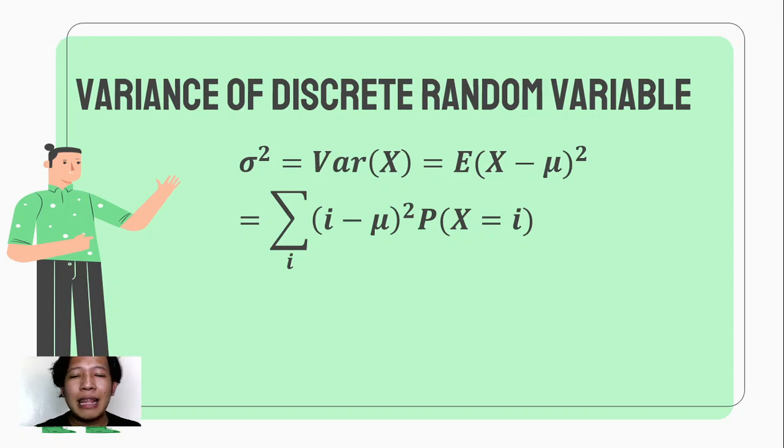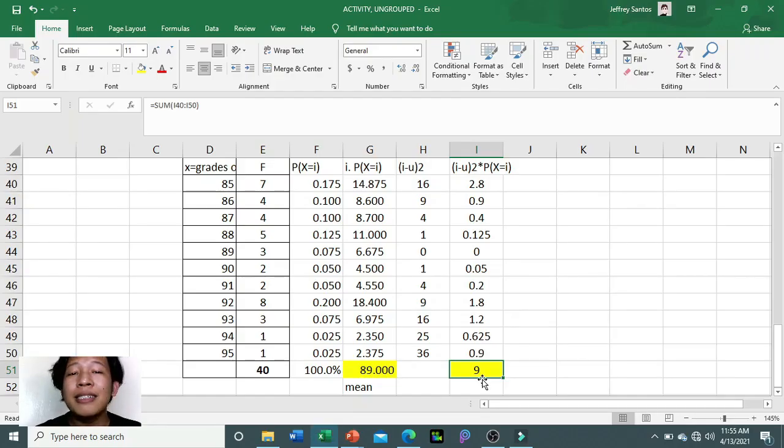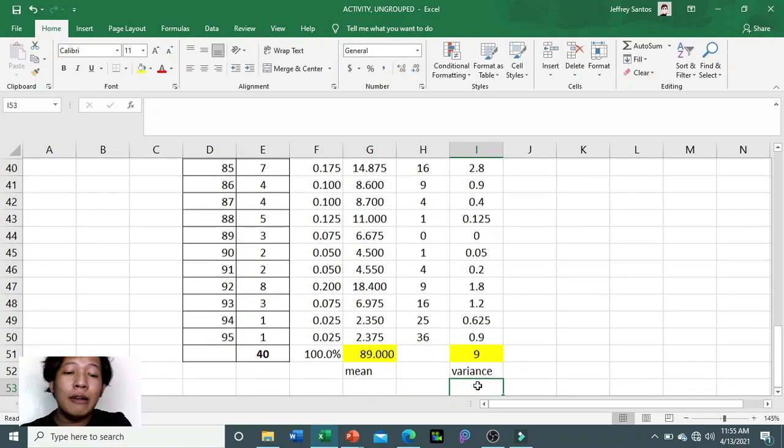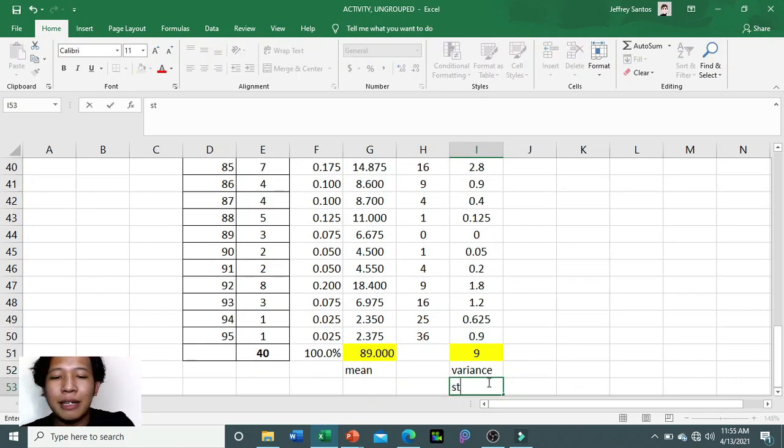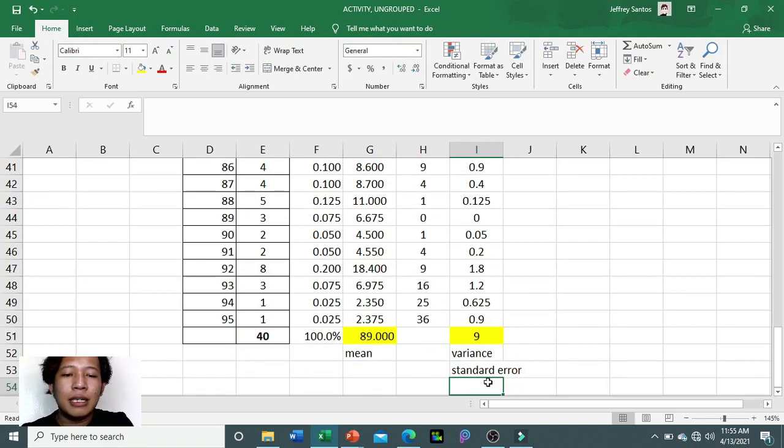The standard error is just the square root of the variance, and the square root of 9 is just 3.